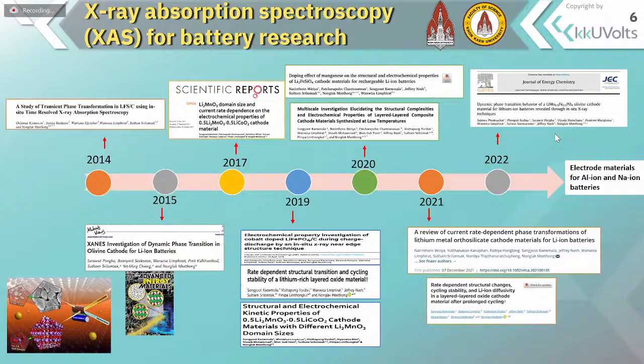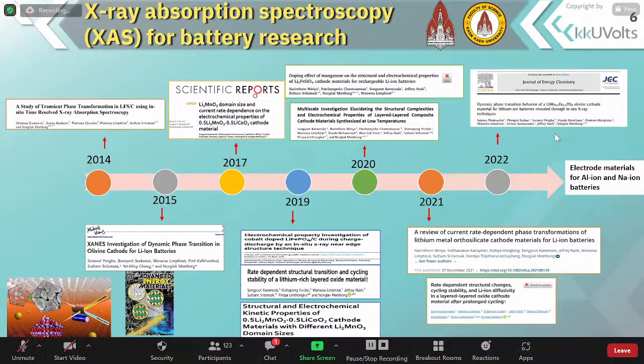And this part shows our research related to X-ray absorption spectroscopy investigations. We always use X-ray absorption spectroscopy techniques to investigate the structural property and electrochemical mechanism of electrode material for rechargeable battery.